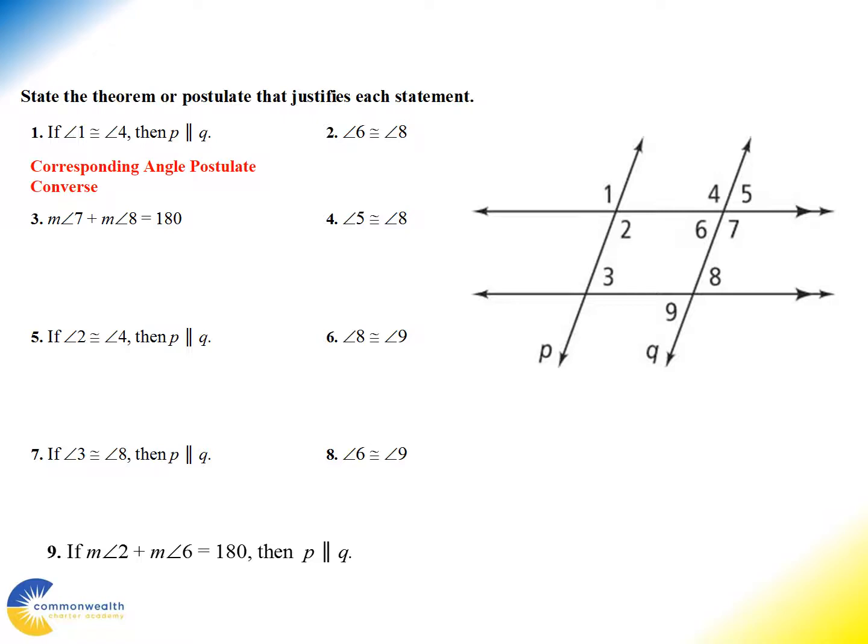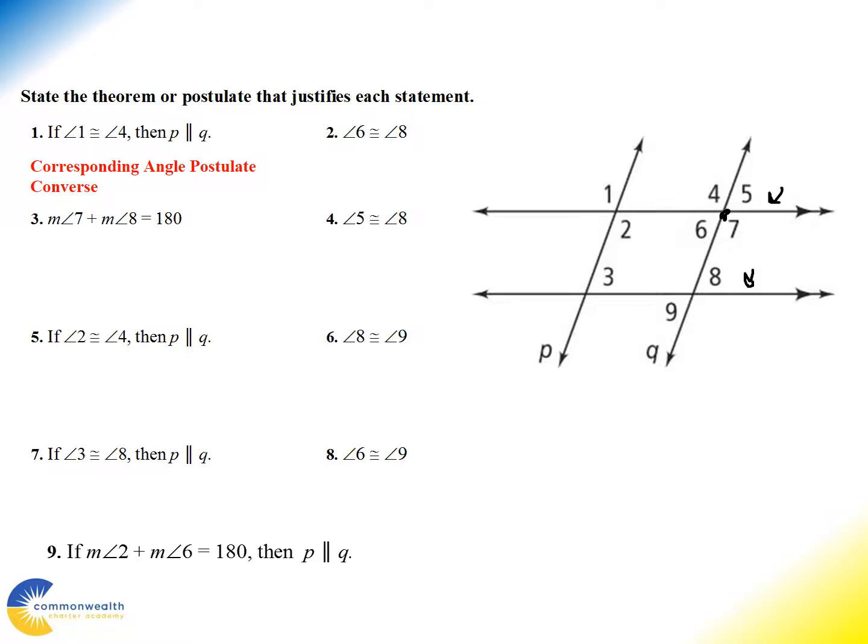On the other hand, for number 2, when I look at angles 6 and 8, they share transversal Q. So we're not doing anything with a relationship between P and Q. We're looking at the two lines that are associated with it, namely here and here.